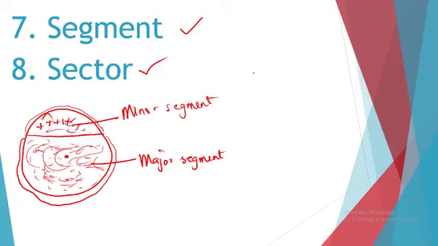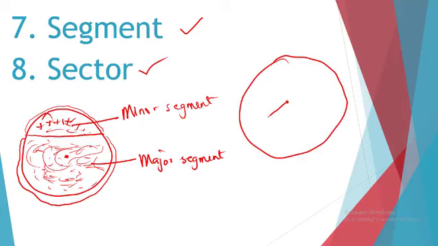The sector. If we have a circle and we have 2 radii, that's the plural of radius, dividing the circle to form something that looks like a triangle here, then we say that this part is called the sector of a circle.